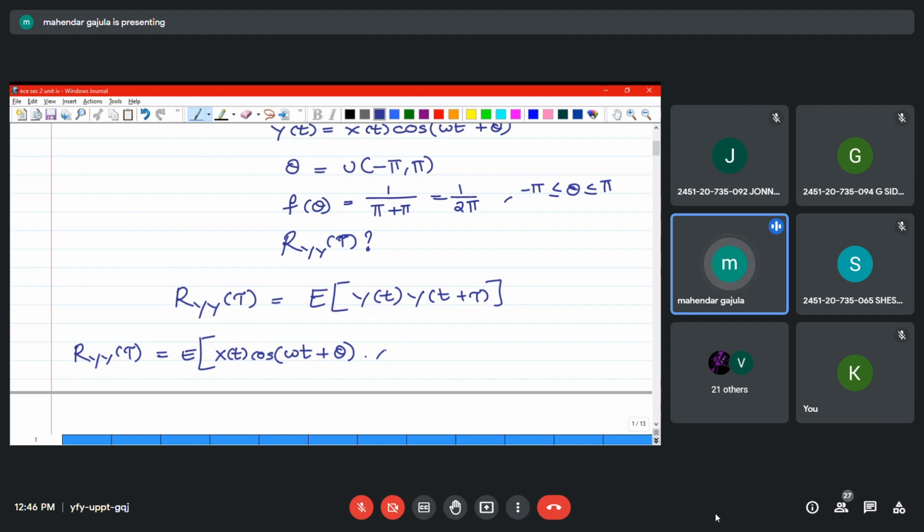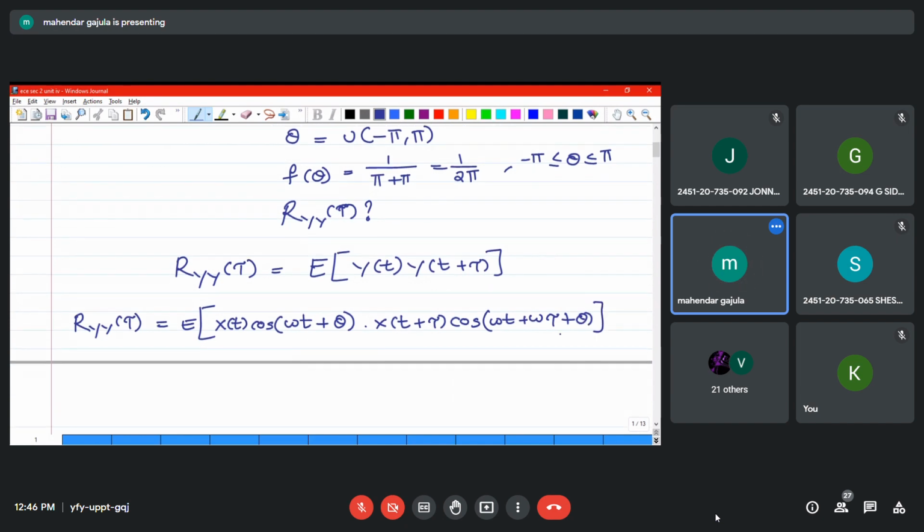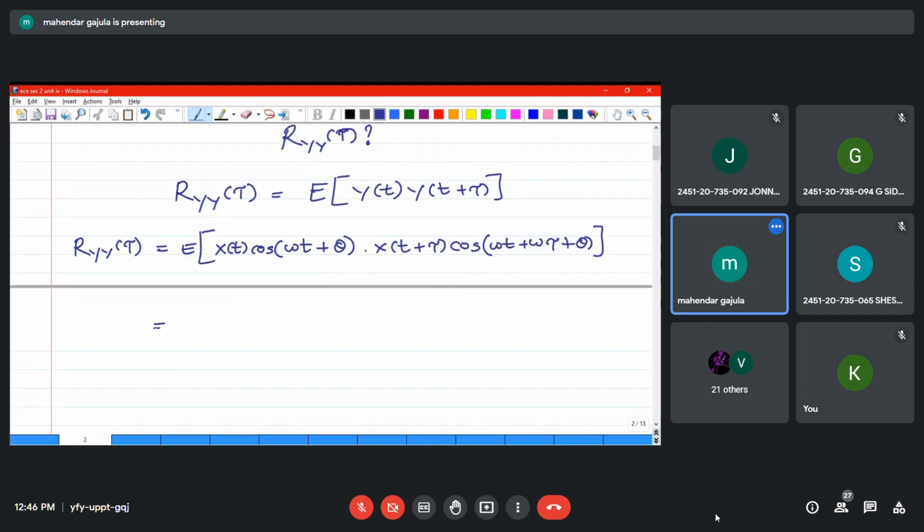So it is x(t plus tau) cos(omega t plus omega tau plus theta). Let us write the expectation of x(t) x(t plus tau) cos(omega t plus theta) cos(omega t plus omega tau plus theta).